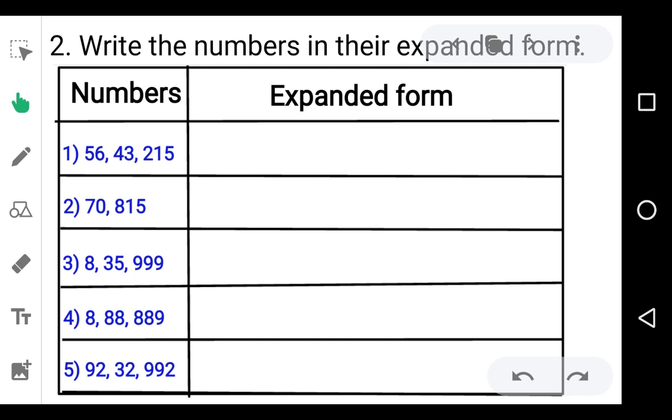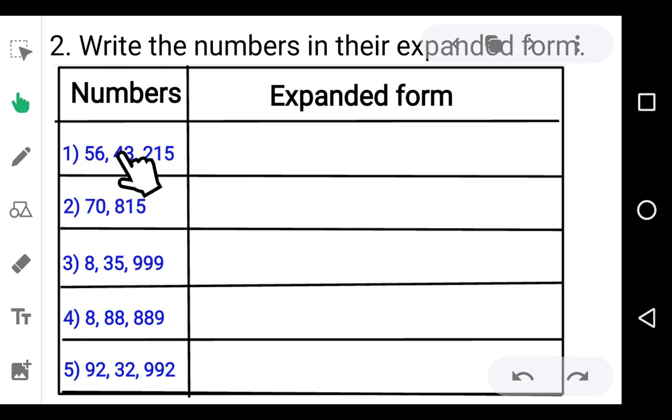Here we have to write the number in its expanded form. See here. First, see how can we read this number? See, 56 lakh 43,250. 56 lakh means 50 lakh plus 6 lakh. So, place value of 5 is 50 lakh and place value of 6 is 6 lakh.